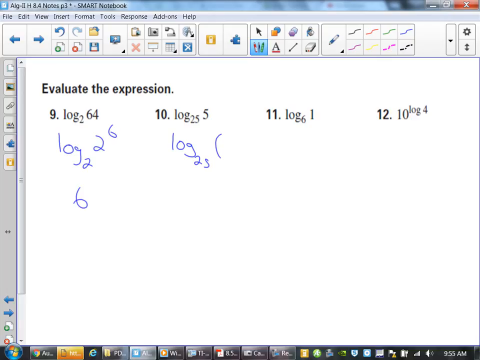And you want to write this as... because if you put that to the negative 1/2, what's that? No, because you have to rewrite this to get it to a base 25.